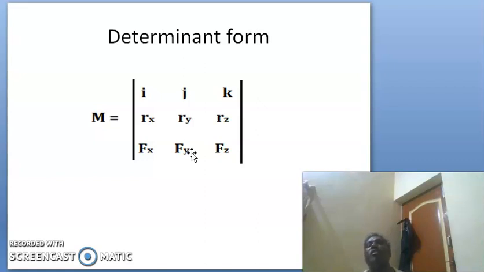Of course, we all know how a determinant should be expressed.